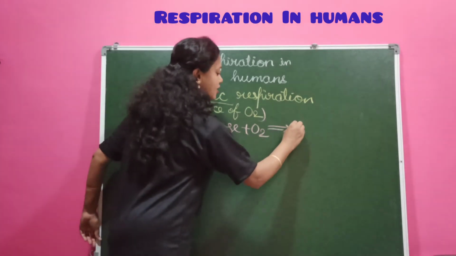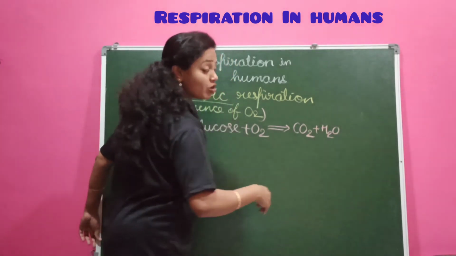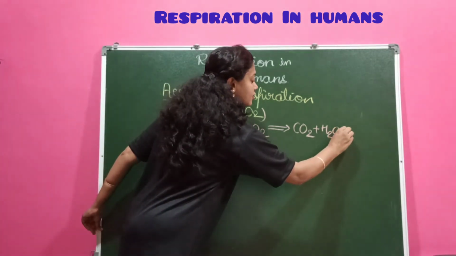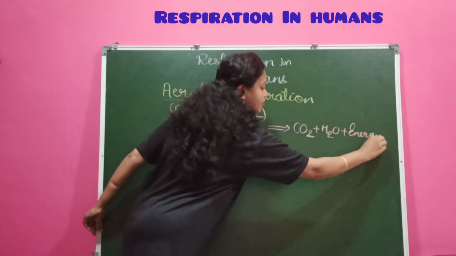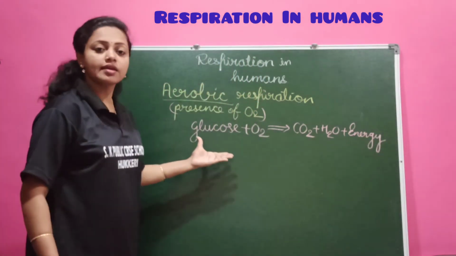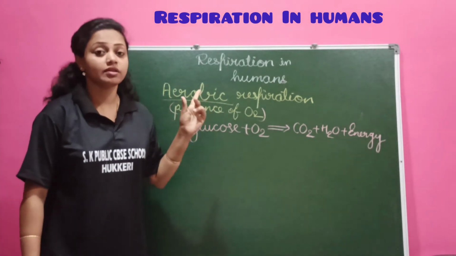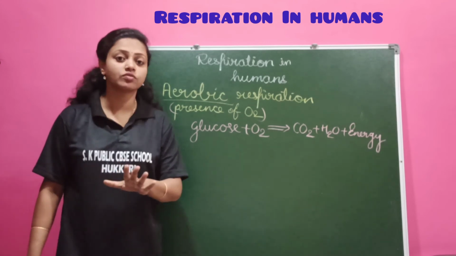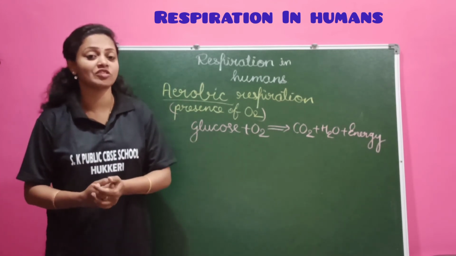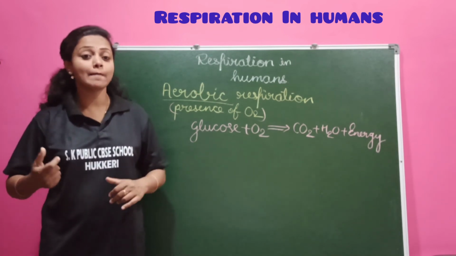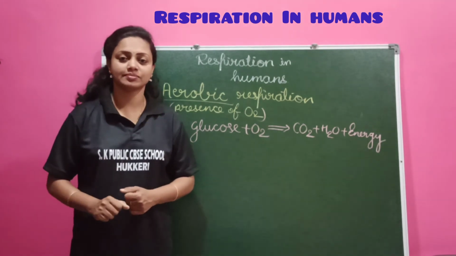What is released here? Carbon dioxide, water, the droplets of water, and energy. This is the common formula of aerobic respiration. Students, you have to remember this formula. This type of respiration takes place in animals, plants and other living organisms.